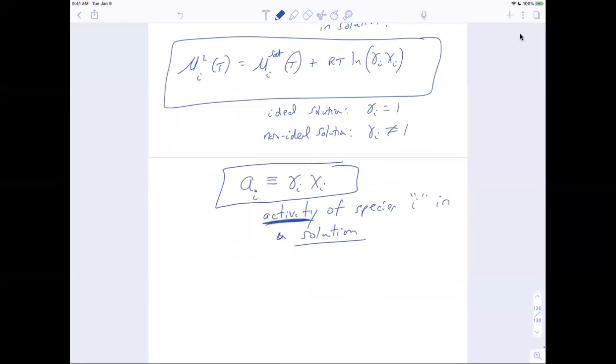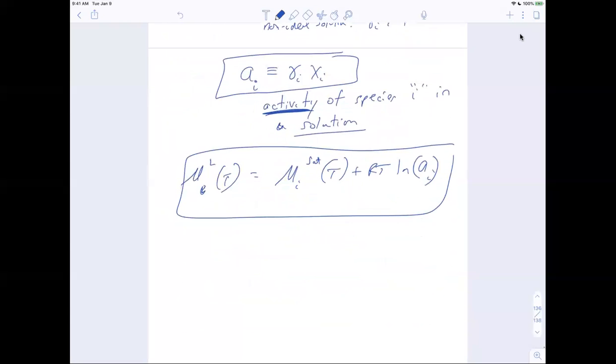Right? So in reality, for a species I in the condensed phase, you have mu I, plus RT natural log of A sub I. I'm almost done, I know I'm running late. And this is the most general way to think about chemical potentials.